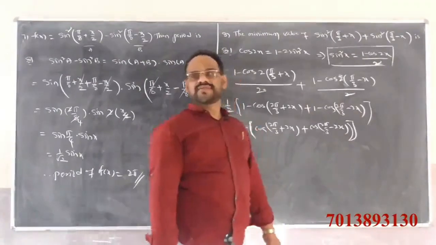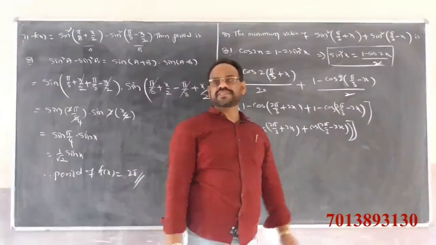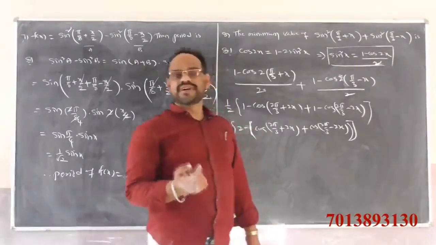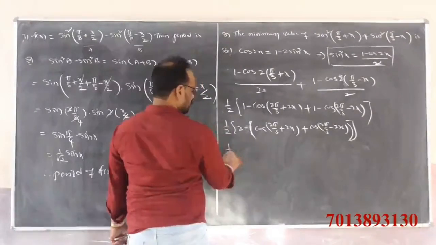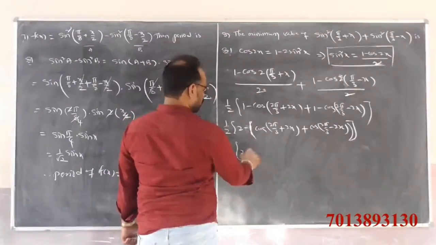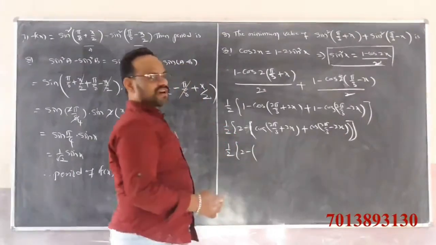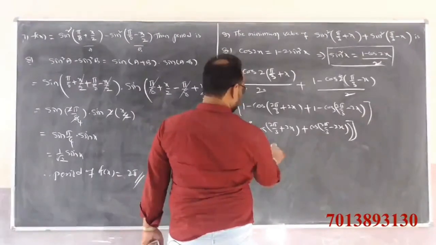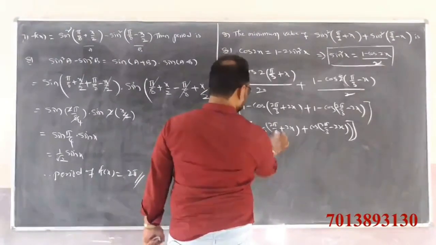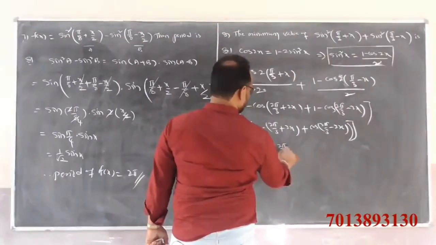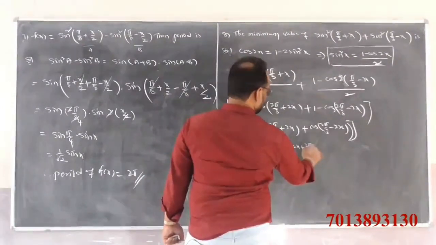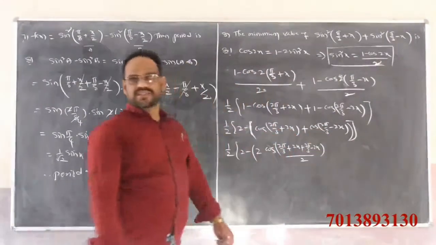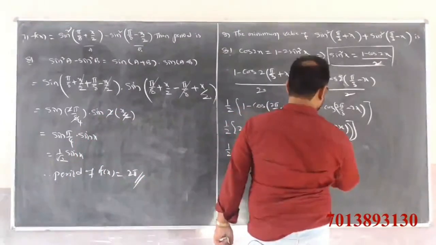Cos c plus cos d is equal to 2 cos ((c plus d) by 2) into cos ((c minus d) by 2).